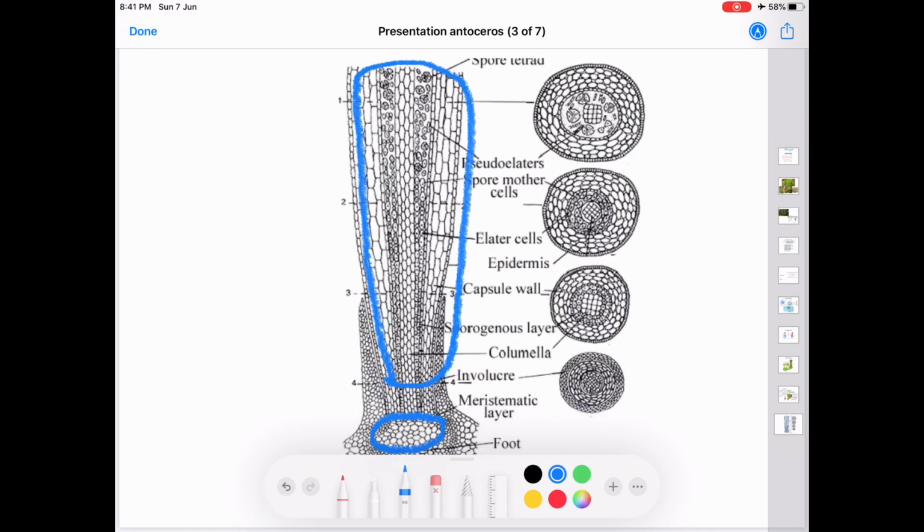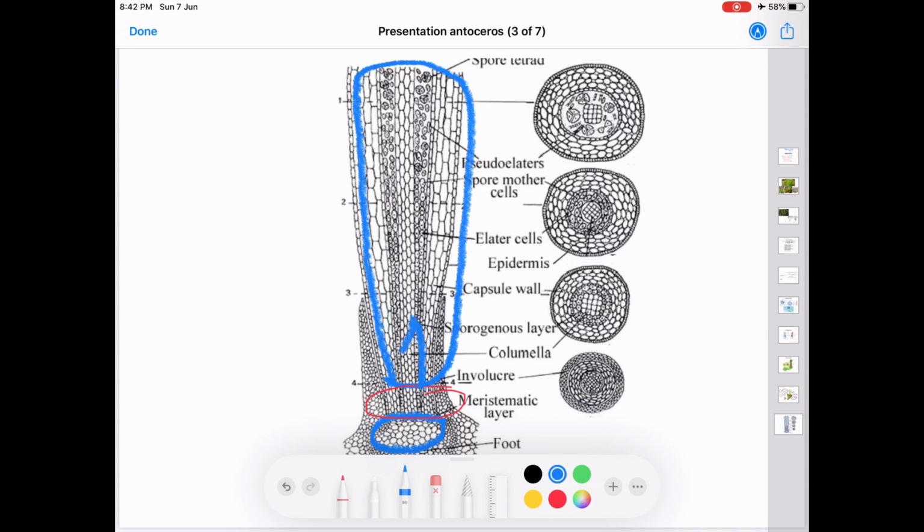In between the capsule and the foot, you can see a single layer of meristematic tissue, known as the intermediate meristematic layer. It will continuously generate cells for the capsule from the base. Thus, the capsule is always in different stages of growth.